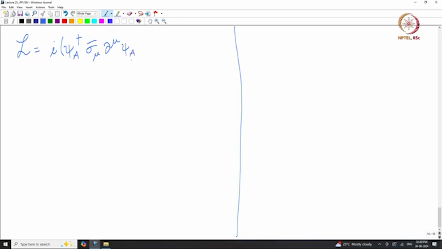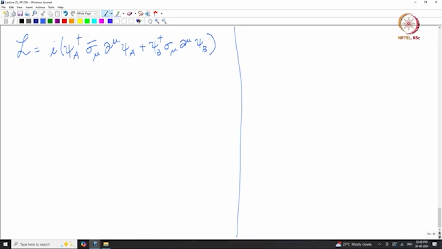The psi a and the psi a are thankfully in the same term, and this is indeed the kinetic term. It has a derivative, correct. So this is what gives you the momentum of the field in the equation of motion, and similarly this psi b also independently picks up its own kinetic term.